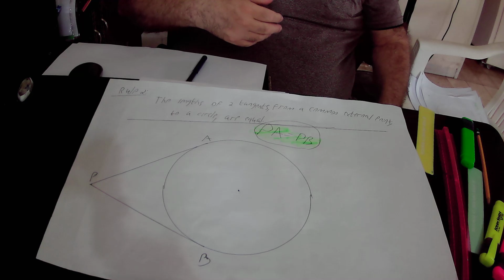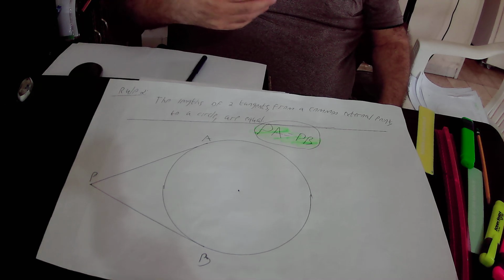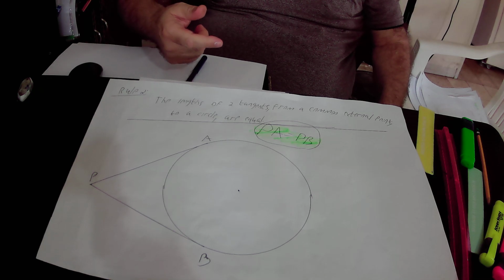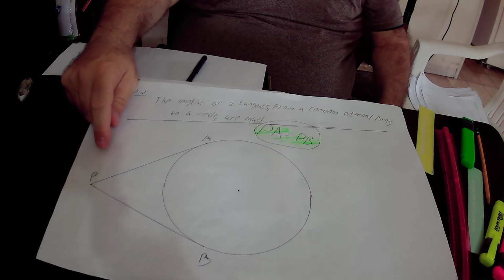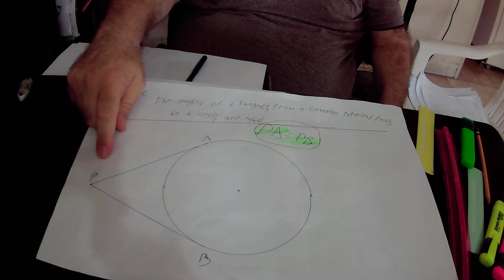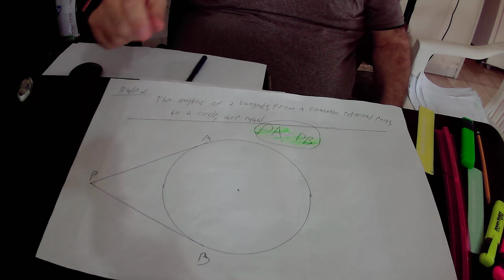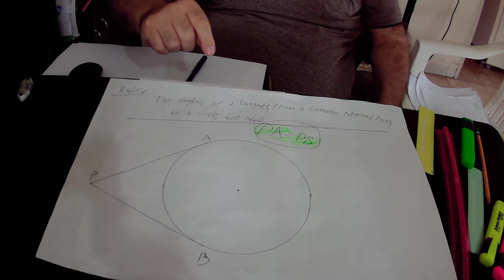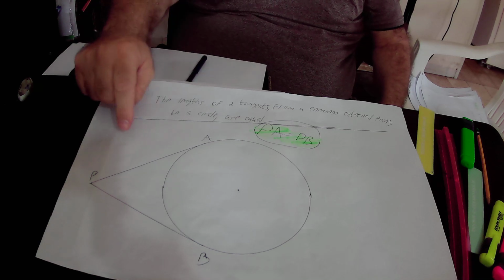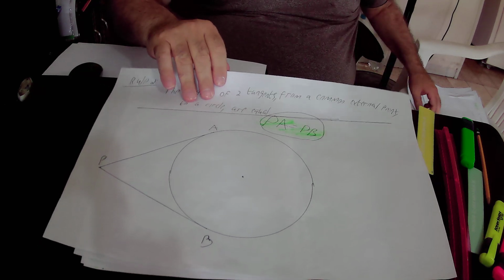So whenever you draw two tangents to a circle from a common external point of that circle, in this example point P is the common external point, then the lengths of those two tangents will be equal to each other. That is to say PA will be equal to PB.